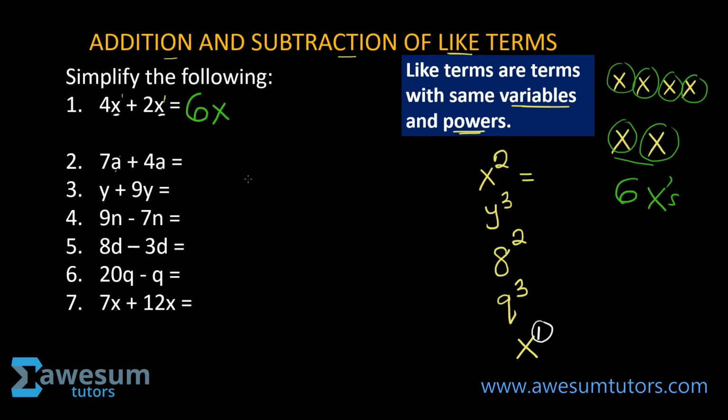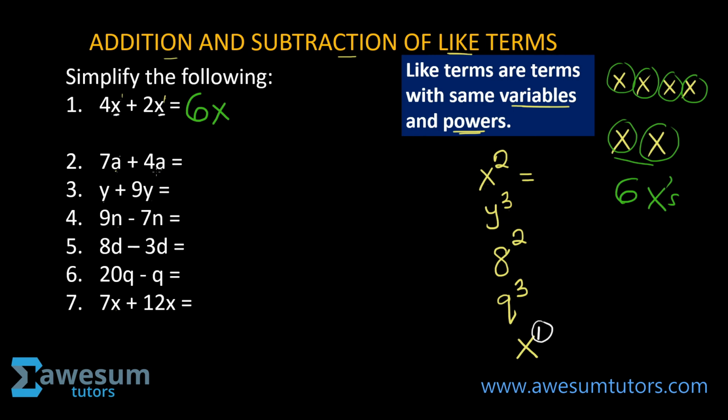I hope you understand this fundamental concept. I'm trying to make it so easy for you so you can easily grab it. 4x means 4 x's, 2x means 2 x's. If you add them up together, it gives you 6 x's altogether, which is 6x. We can use the same approach right here. These are also like terms because this is a and this is a.